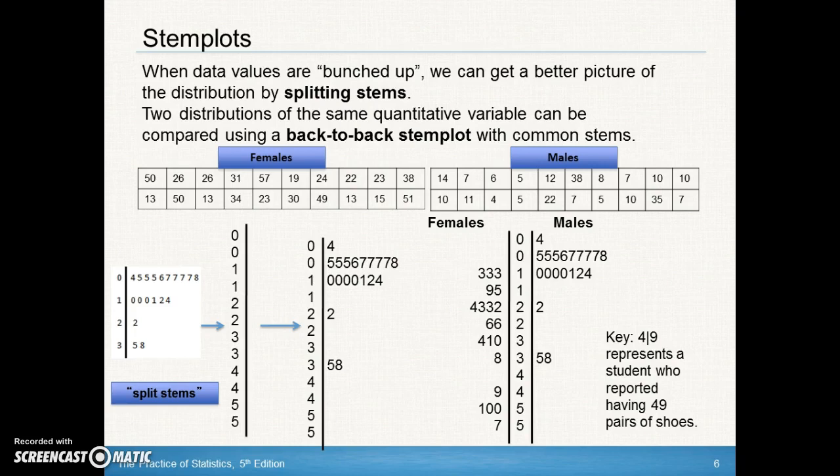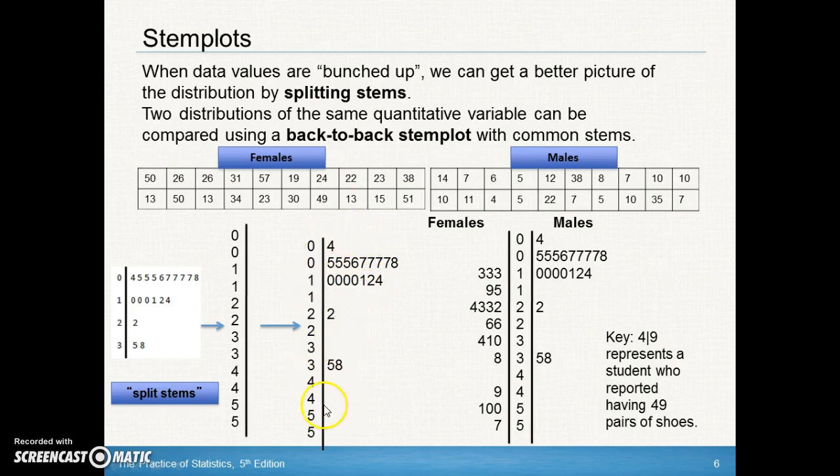So what we can do to get a better picture of how male shoe ownership looks is we can do what's called splitting stems. So what we do is we split up each stem into 2 stems, and for our leaves, we're going to put the leaves 0 to 4 with my first 0 stem, and 5 to 9 with my second 0 stem, and I'm going to keep doing that here.